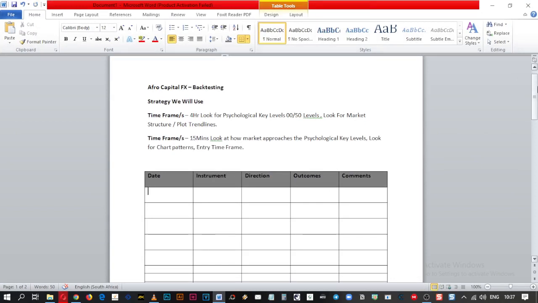The strategy we'll be using is a simple one that uses the 4-hour time frame. In that time frame, we're looking for psychological key levels, specifically the double zeros and the 50 levels.